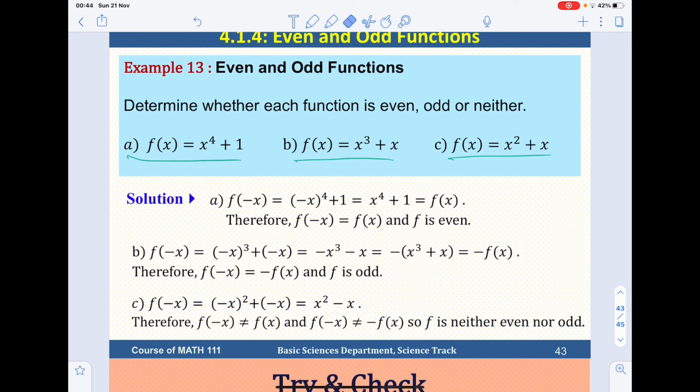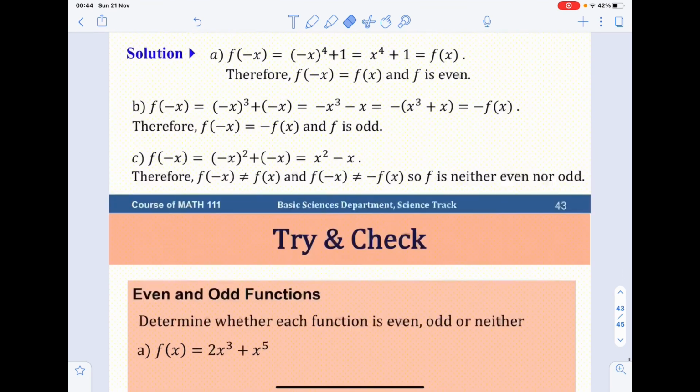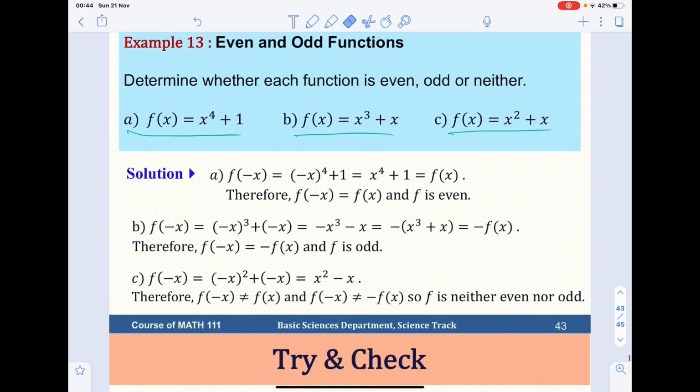Let me read this question, then we will solve those in detail. For the first one, x to the power 4 plus 1. We just have to find the value of f of negative x. So I'm going to replace each x with negative x.